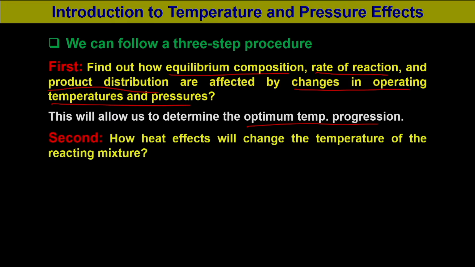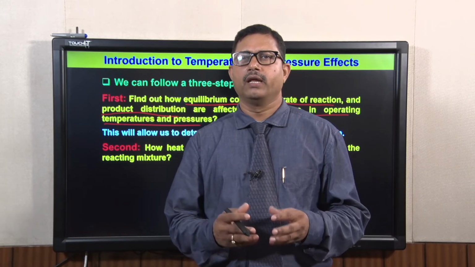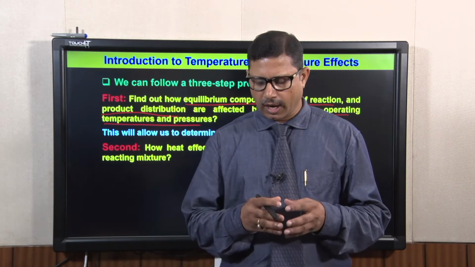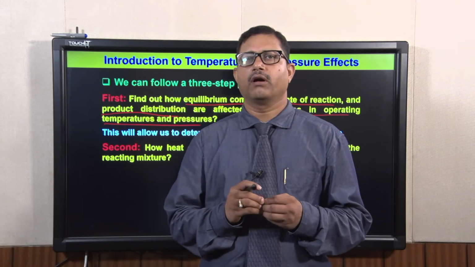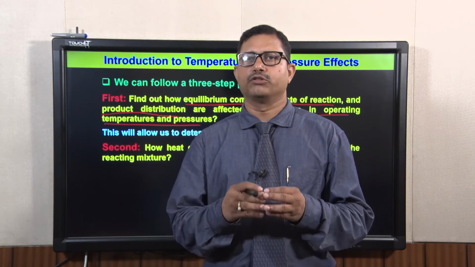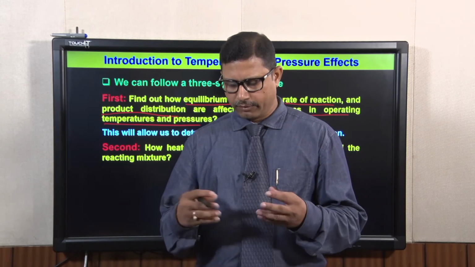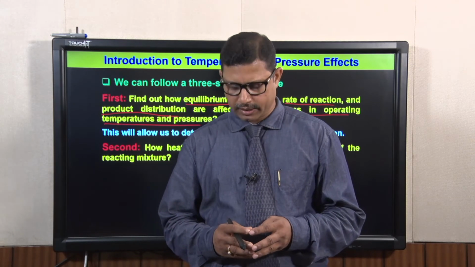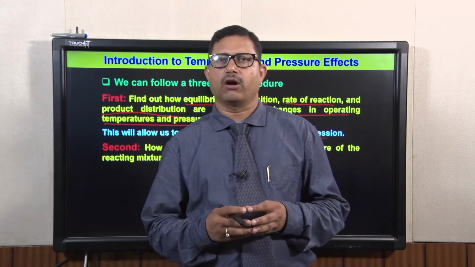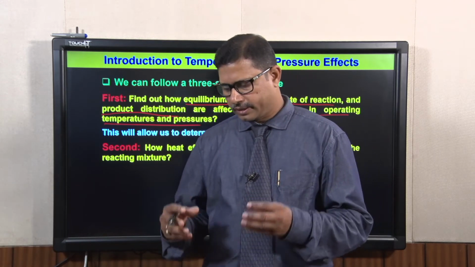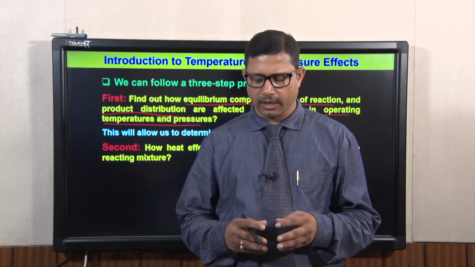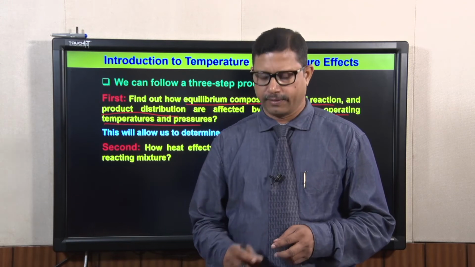Secondly, we need to see how heat effects will change the temperature of the reacting system. When there is a chemical reaction, it generally involves heat effects, either it absorbs heat or it releases heat. When it absorbs heat we call it an endothermic reaction, when it evolves heat we call it an exothermic reaction, and how this heat effect changes the temperature of the reacting mixture, that we need to analyze.